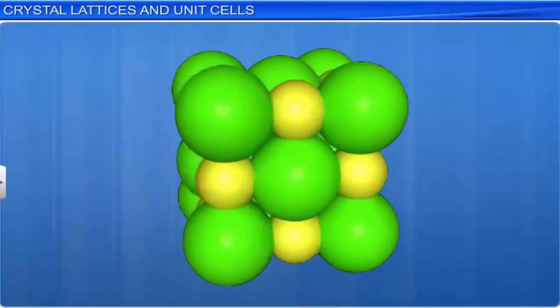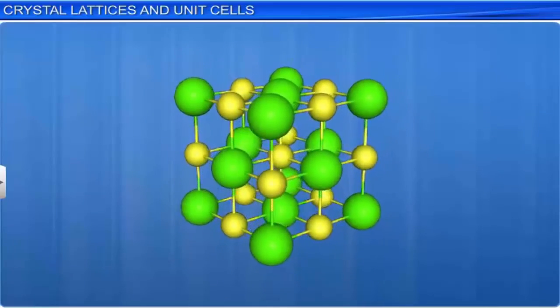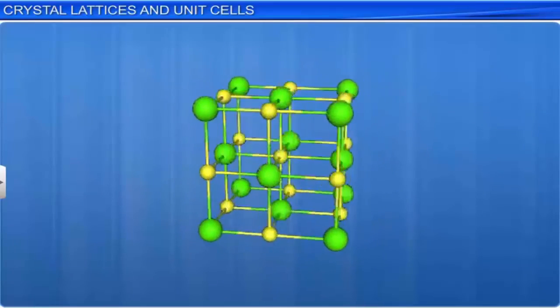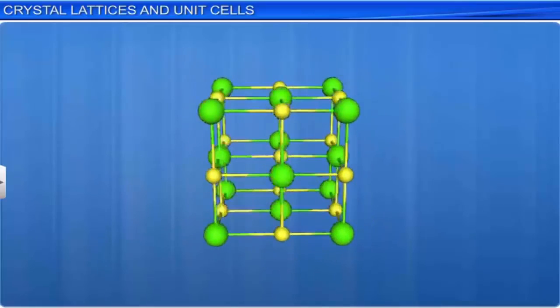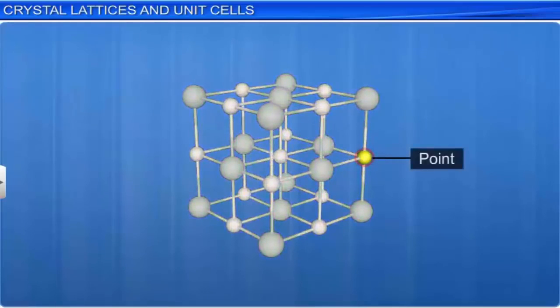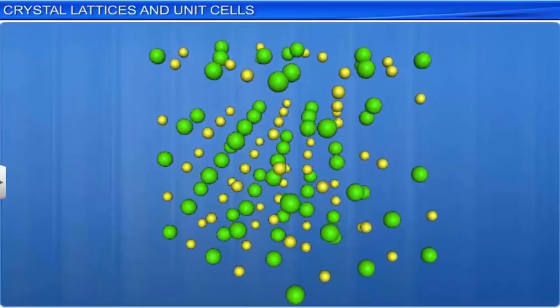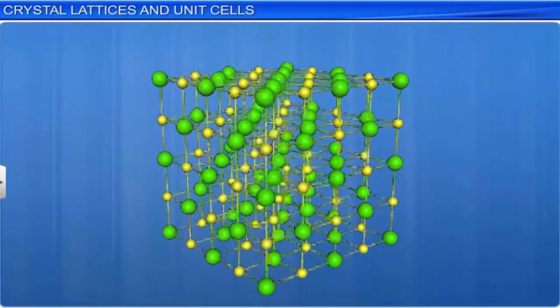Crystalline solids have an orderly arrangement of their constituent particles in 3 dimensions. The positions of these particles in a crystal relative to one another are usually shown by points. An arrangement of an infinite set of these points is called a crystal lattice.